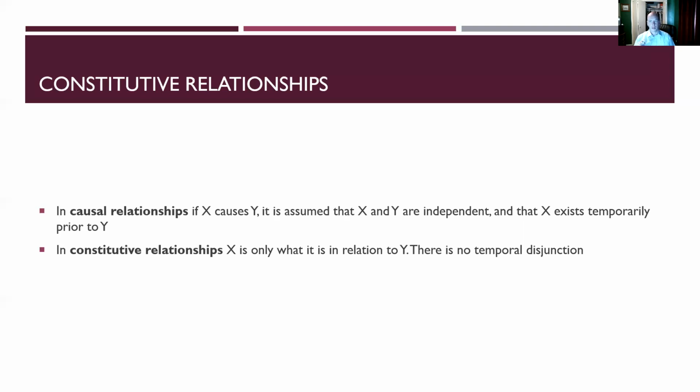So that's the big deal about constructivism. It's about these constitutive relationships. And so Wendt's going to want to think a lot about how this happens. How do they bring each other into being? What types of properties come into being as a result of this relationship? And afterwards, we can figure out what that means for the international system.